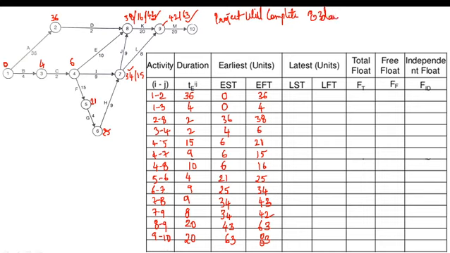If the time is in days, then it takes 83 days. If the time is in weeks, it will take 83 weeks. So the project completion time is 83 days, or 83 weeks, or 83 units.